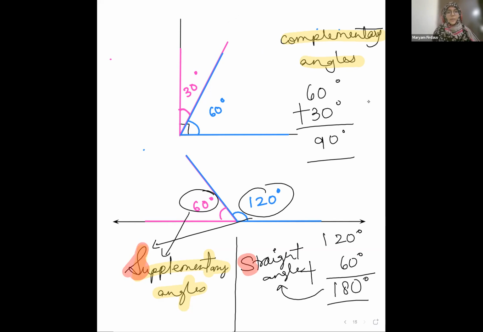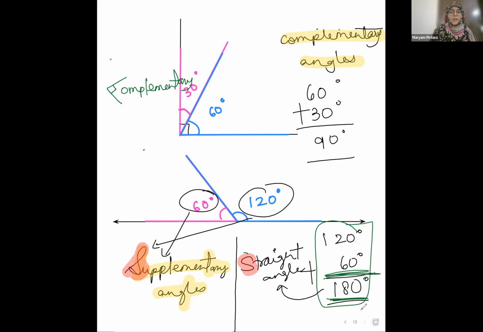Or you can think about it like this, in case you forget. You can write it like, this is a 90 degree, complementary angle. And supplementary angle is two angles which when you add them give you a straight angle, 180 degrees.